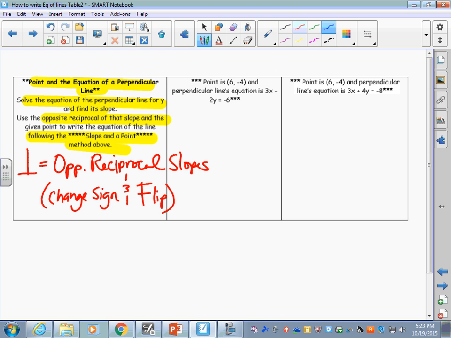So, like before, we're going to start off with identifying our slope. This equation, kind of got cut off, is 3x minus 2y equals negative 6. So the slope, start off finding negative a over b. The slope of this equation ends up being negative 3 over negative 2, which is a positive 3 over 2.